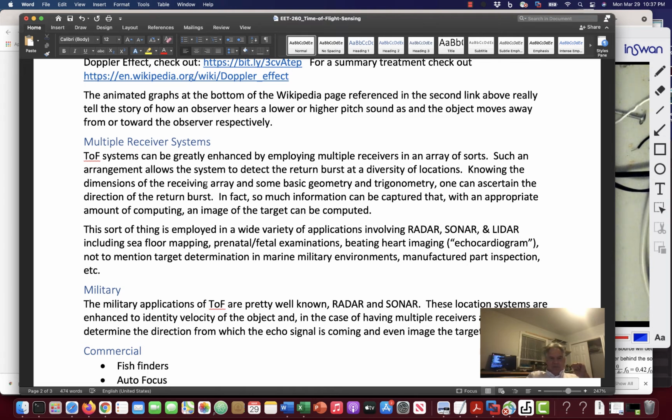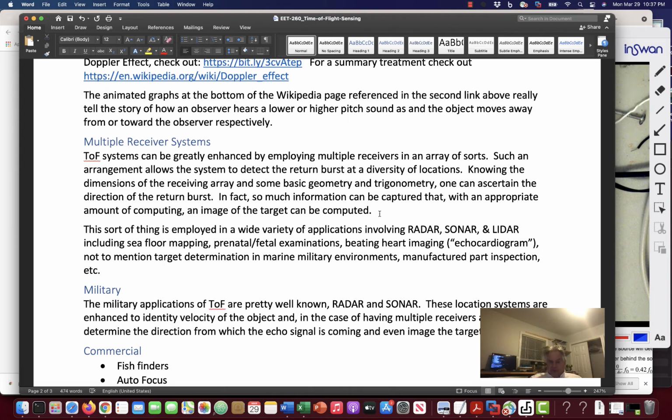Knowing the dimensions of the receiving array and some basic geometry and trig, one can ascertain the direction of the return burst. In other words, if I had three receivers and some of the receivers received the burst later and others received it earlier, I would tend to think that the target was closer to the earlier receivers and farther from the later receivers.